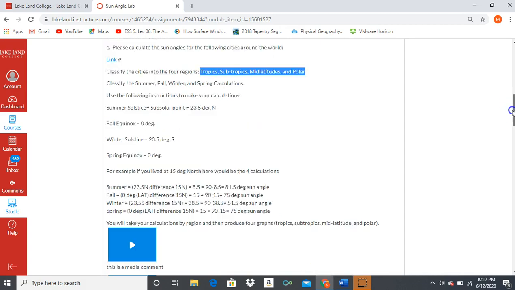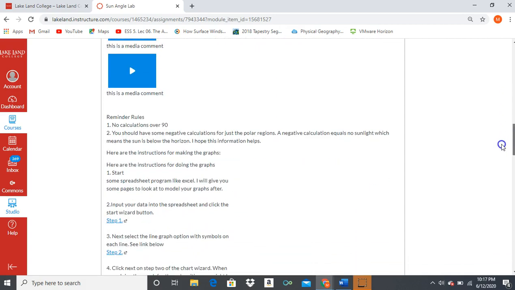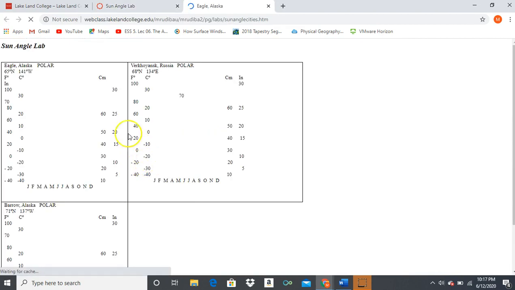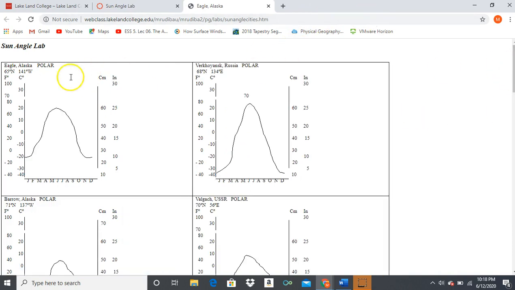Now, I'm going to scroll down here, and one of the things I want to click on is the actual list of the cities on this link. When you click on the link, you will see a list of cities popping up. All you need to calculate for each one of these cities is the city's latitude.